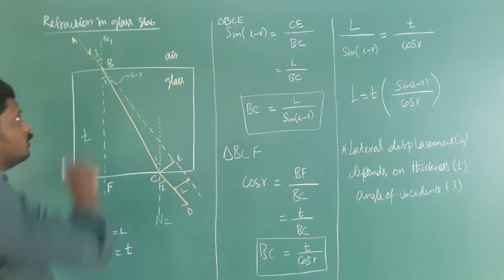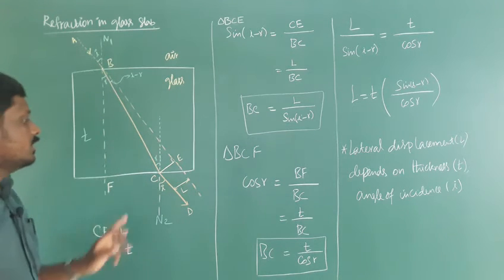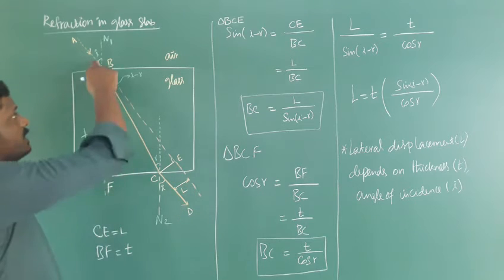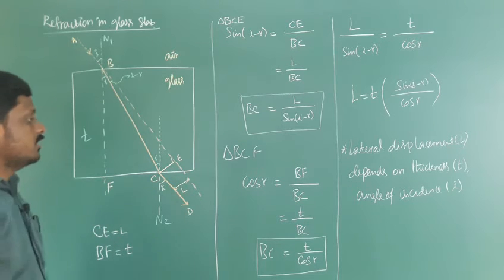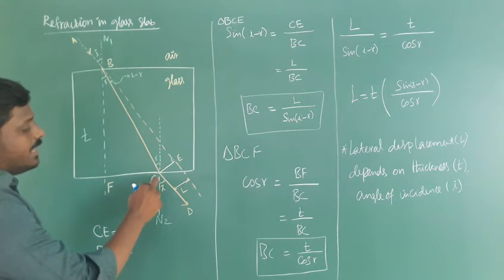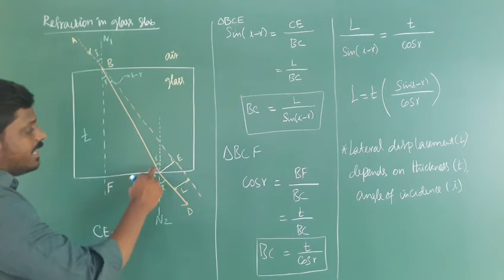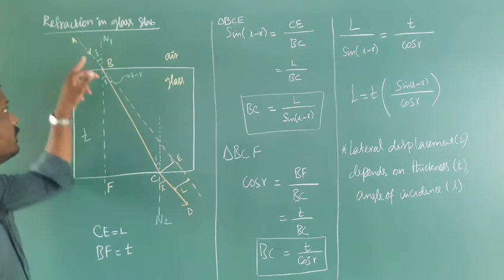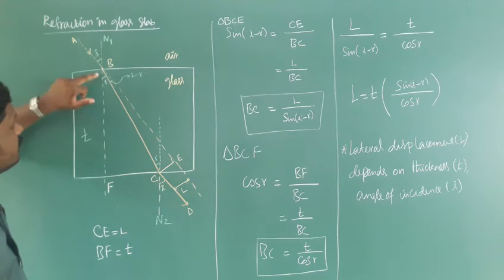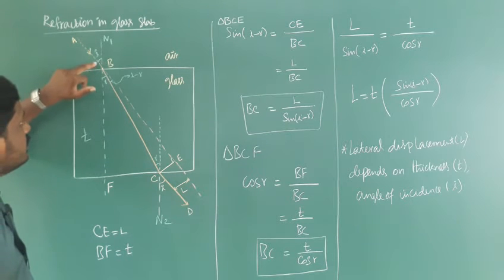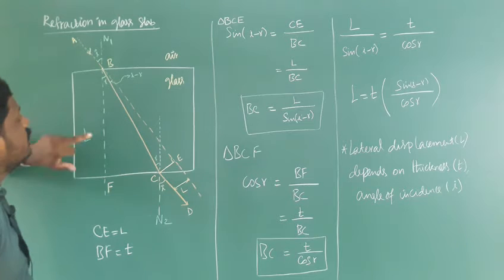This is the normal N1. From the normals N1 and N2 we get the angle of incidence and the angle of refraction. The ray is incident at the point B, and this is the angle of incidence. Using the normal we can calculate.